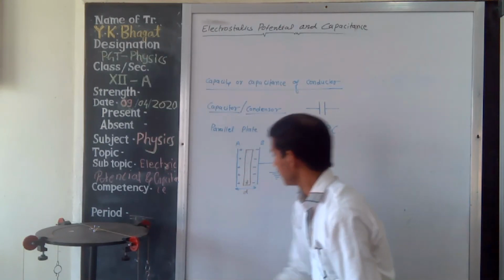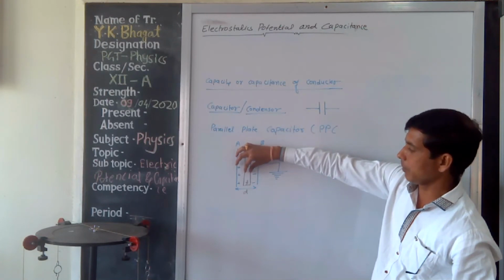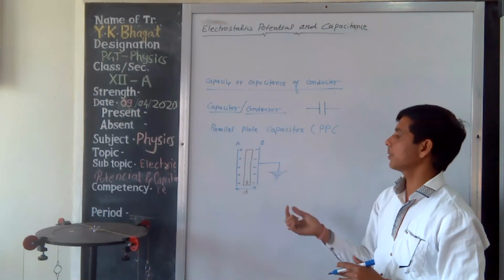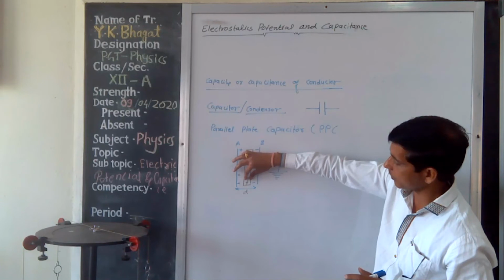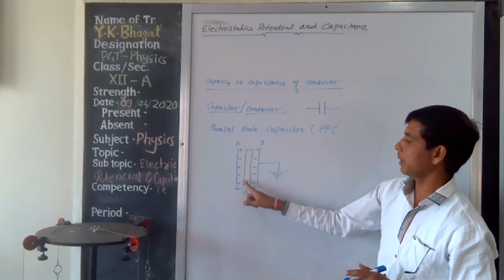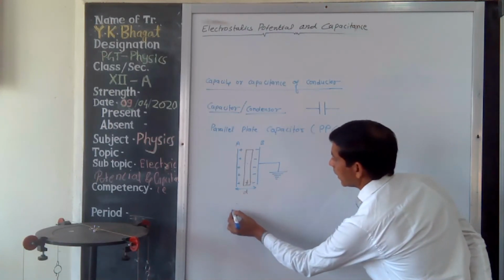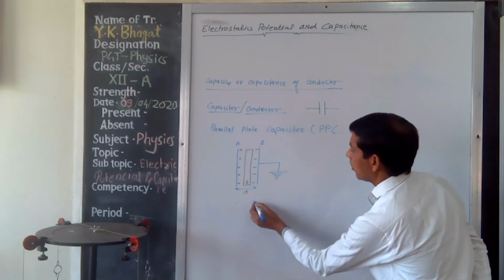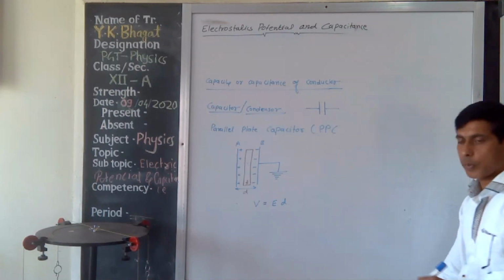That means in T thickness there will be dielectric media and in D minus T space air is present. Therefore in this case the potential will be V, as we saw in the previous topic.